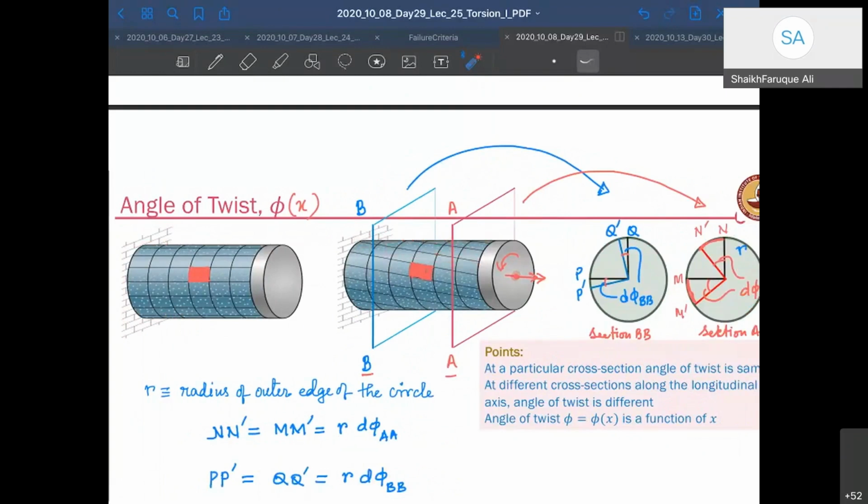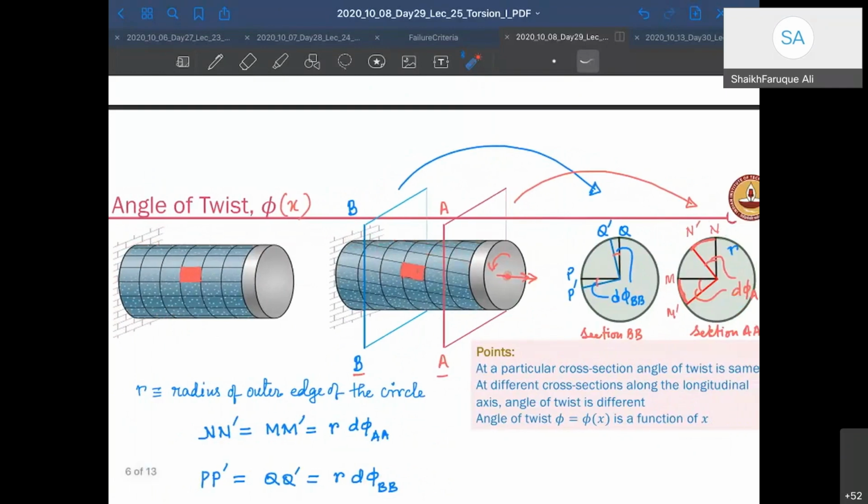All right. So this angle that is subtended at the center, which is the same as the rotation angle here for the cross section, is called the angle of twist, phi of x. So this N dash, M dash forms a rotational angle, which is called the angle of twist. So let's say this is delta phi b and delta phi a.